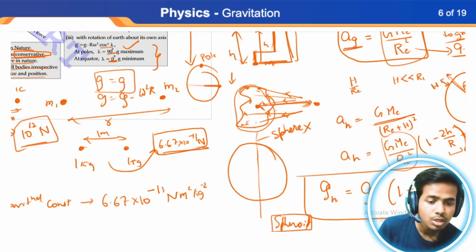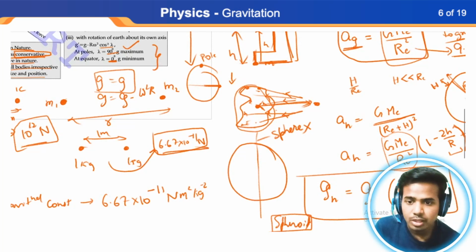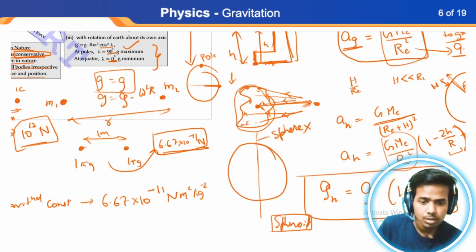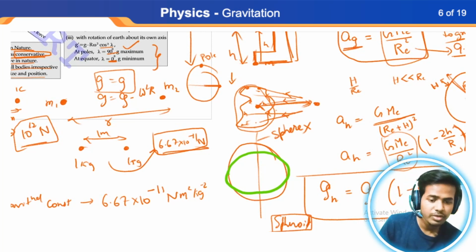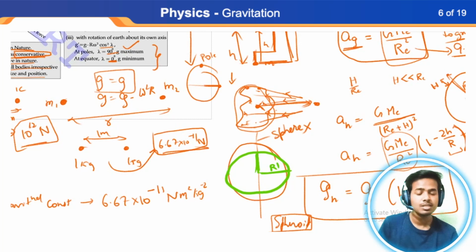What happened was, due to the continuous rotation, the earth actually looks something like this. Of course I'm making the changes very much visible, which they are not in the real parameters, but this radius r dash is slightly greater than the distance from the center of the earth to the pole.